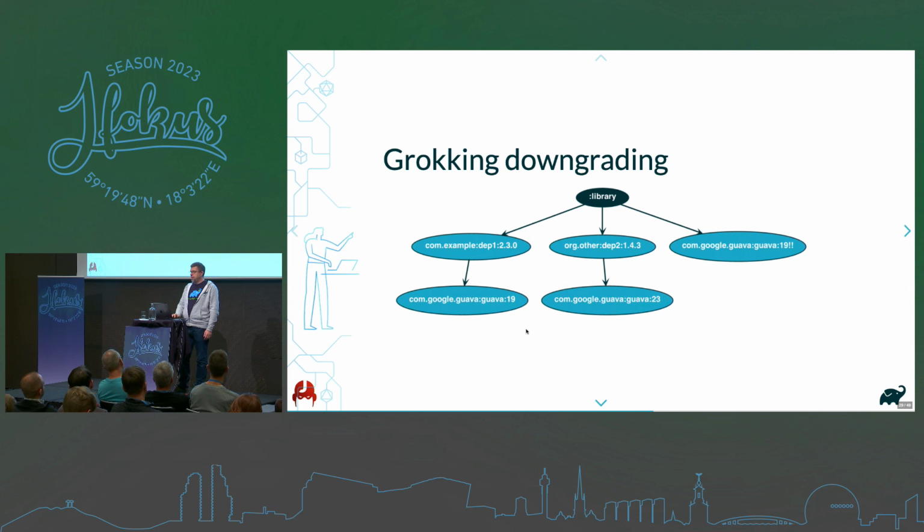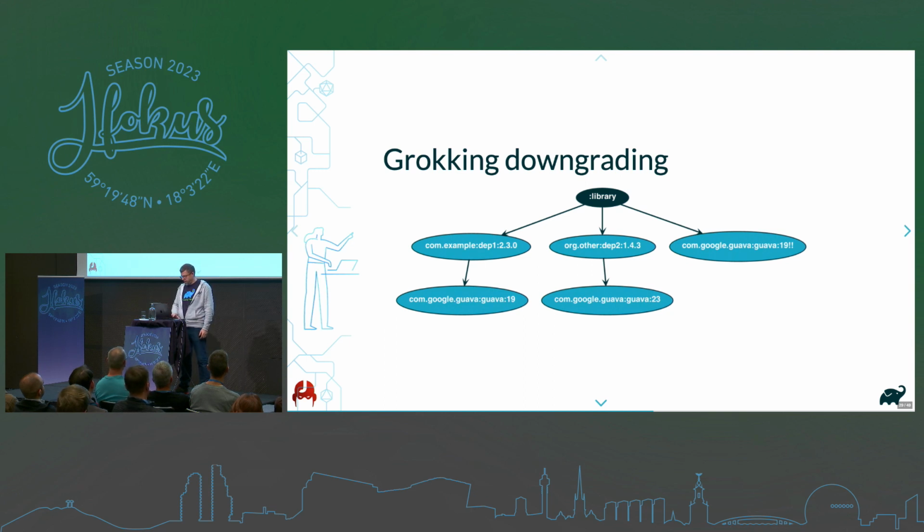You do some testing, and you figure out that actually 19 is the one that's really needed, probably because dependency 1 uses an API that 23 no longer has, while, thankfully, dependency 2 works with 19. So what you do is you add that constraint on the Guava version. Again, it can be a direct dependency declaration, or it can be a constraint.